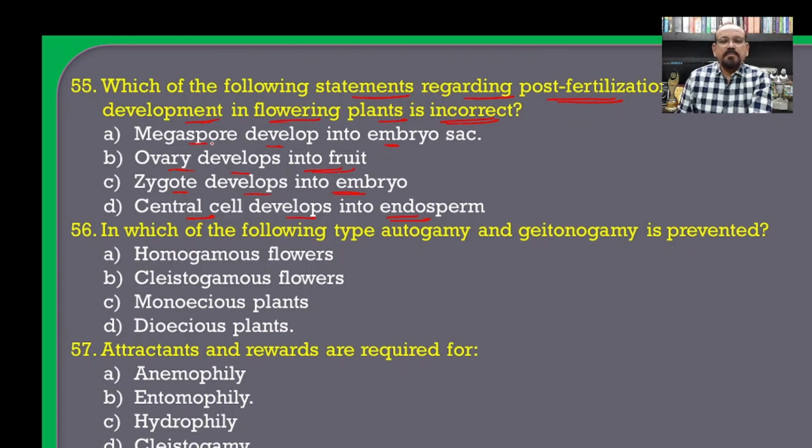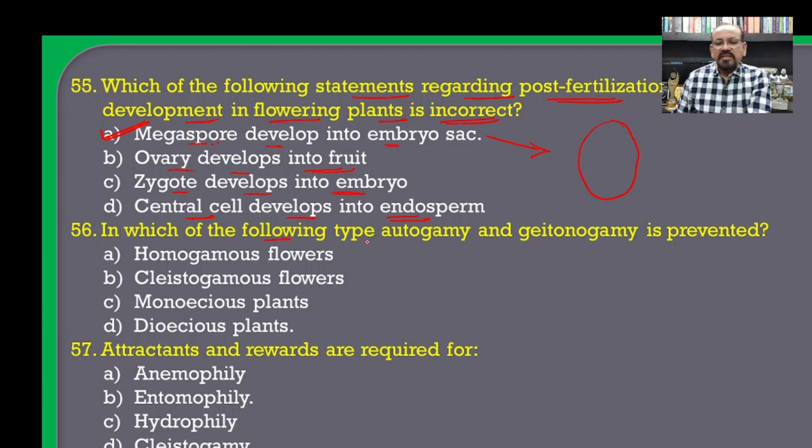So the megaspore does not directly develop into the embryo sac, as the embryo sac develops inside the megaspore or the ovule, and hence it is the incorrect statement.